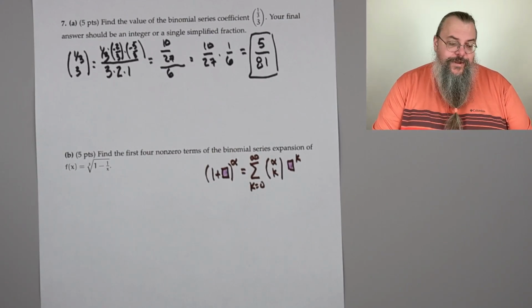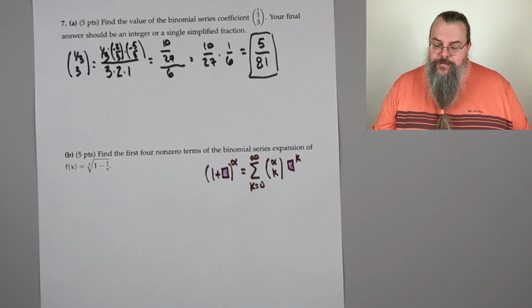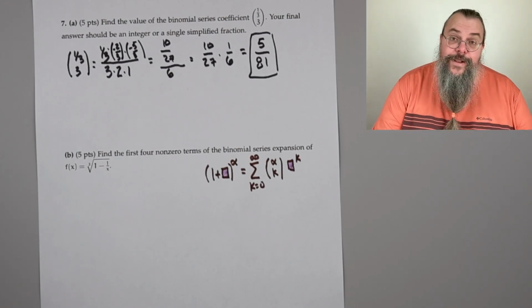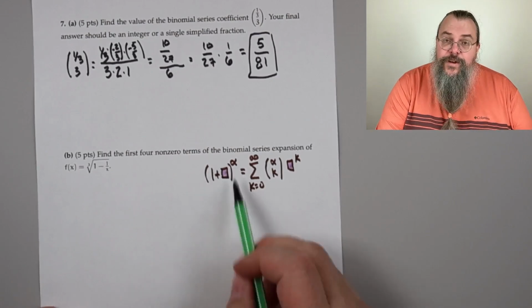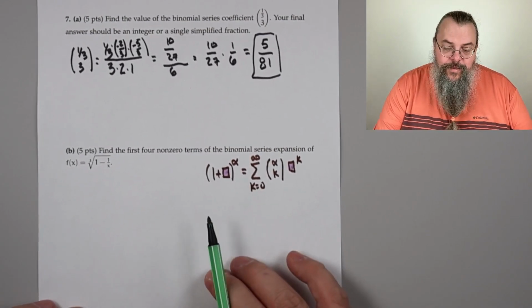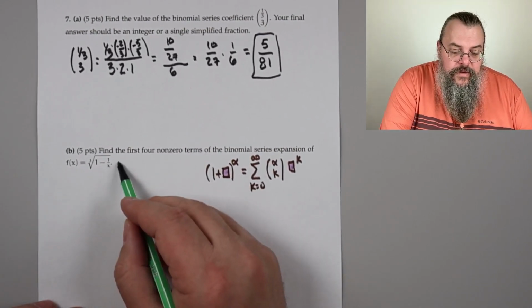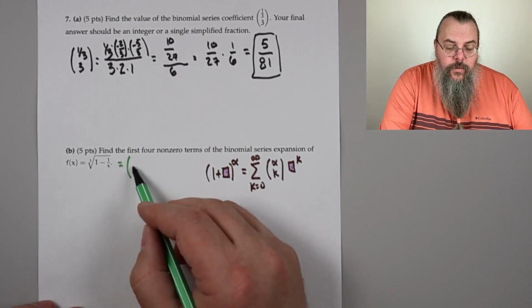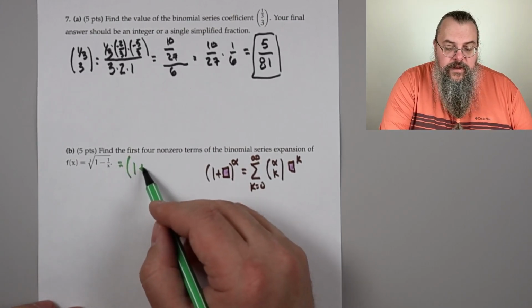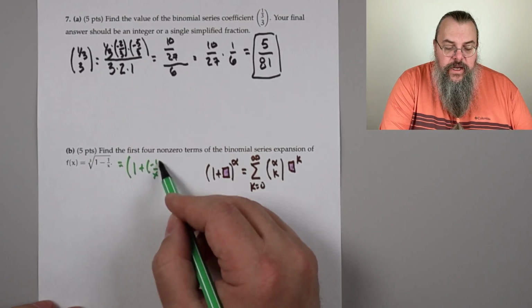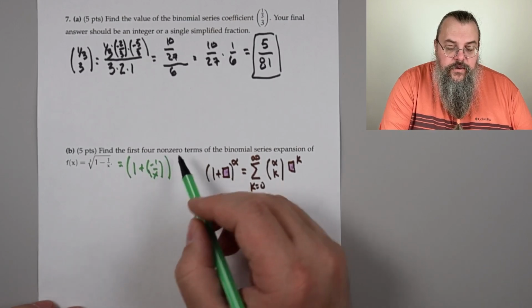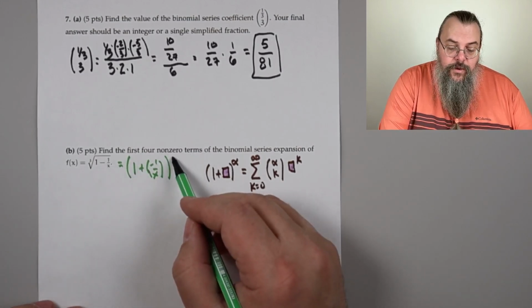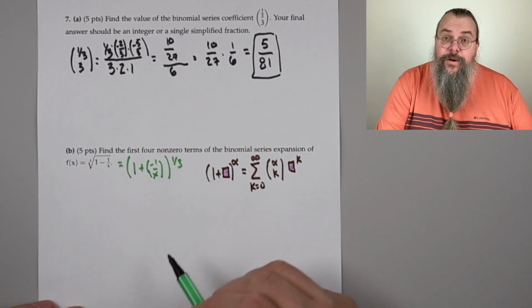Well, let's take the thing that we've been asked to find. And so we have this expression. Let's rewrite it to look more like this binomial series. So this is the same as 1, and I'm going to think of this as plus minus 1 over x, all to the cubed root, which means 1/3 power.